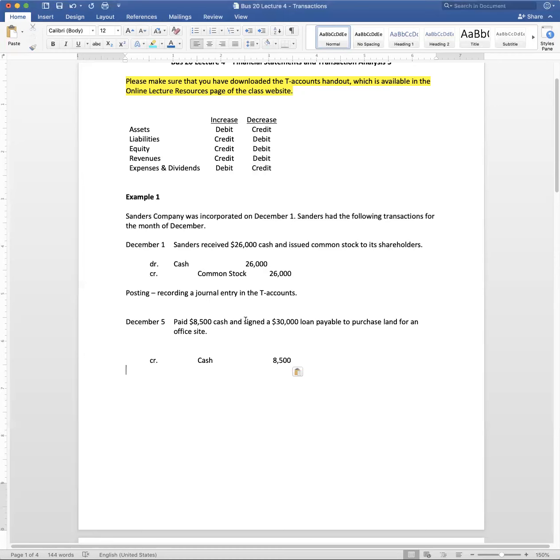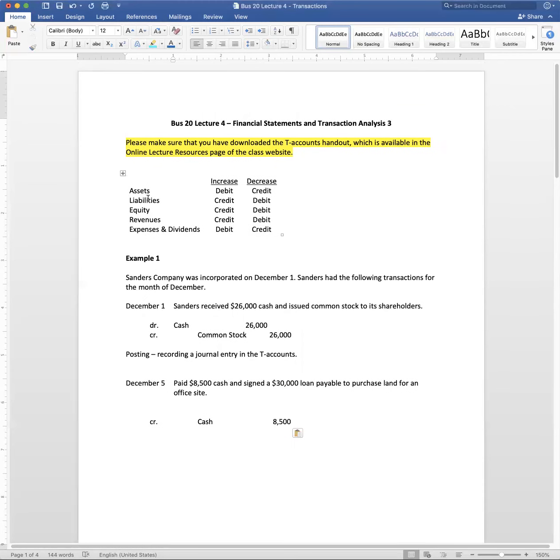Okay, next, they signed a loan payable. All right, well, loan payable, that's clearly debt. That's a liability. So if we look at the liabilities here, right, we now have more debt, more liabilities. So that's going to be a credit to loan payable of $30,000.